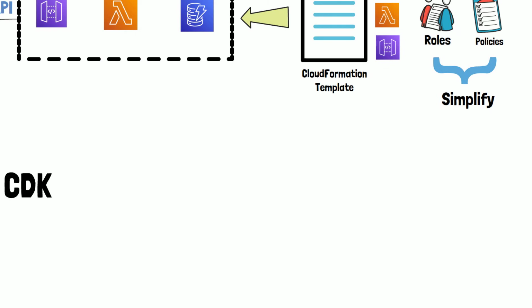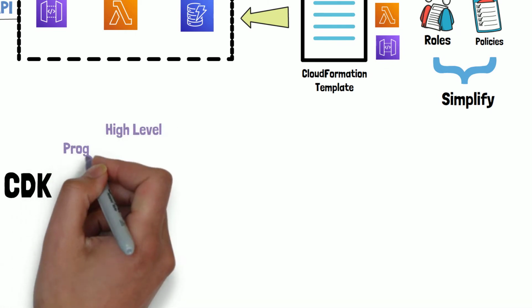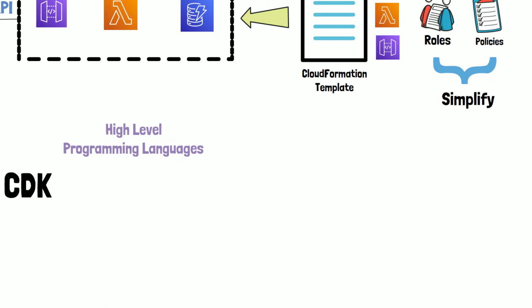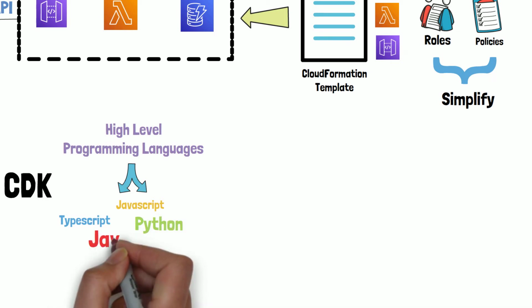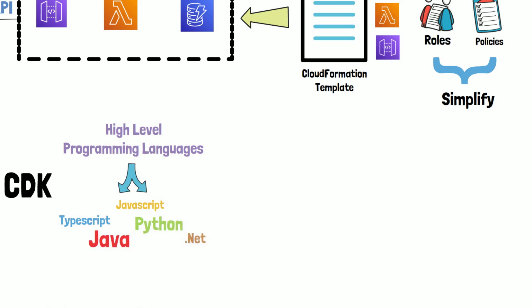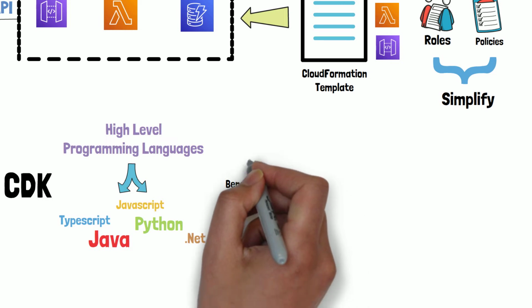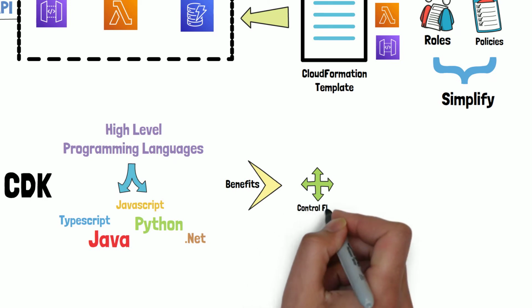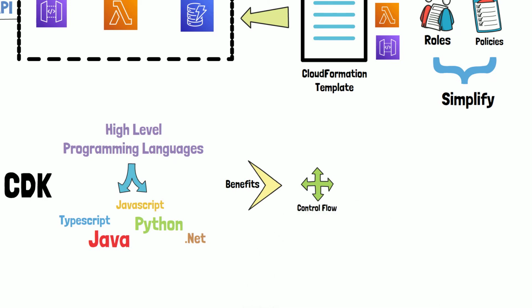CDK is a software development framework for defining cloud infrastructure in a high-level programming language, such as TypeScript, JavaScript, Python, Java, and .NET. Because you create your resources in a high-level programming language, you get all the benefits of high-level programming language, such as you can use control flow logic like if statements, for loops, etc. when building your infrastructure.